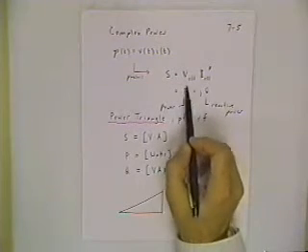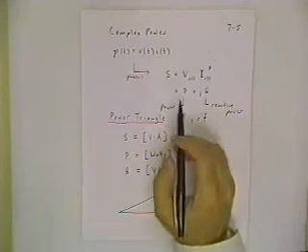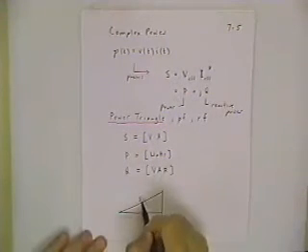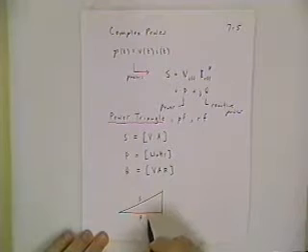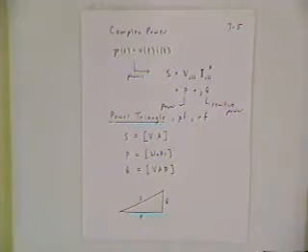It's a simple application of the Pythagorean rule. It says the square root of P squared plus Q squared gives you S. So we can label this hypotenuse as S, this real leg as P, vertical leg as Q.